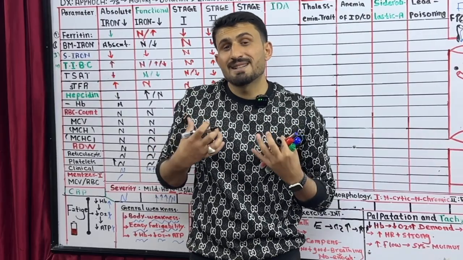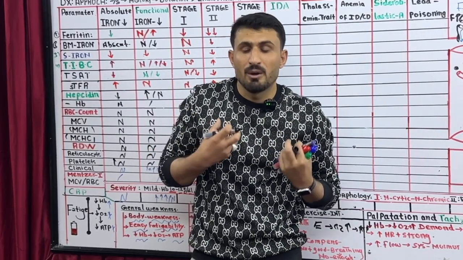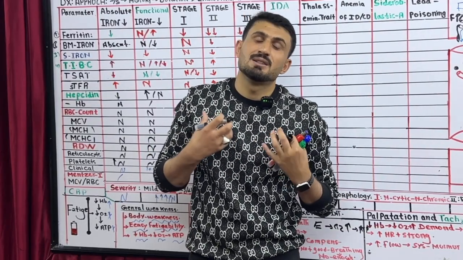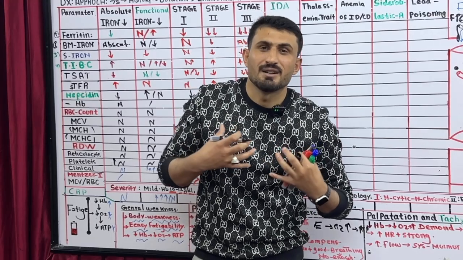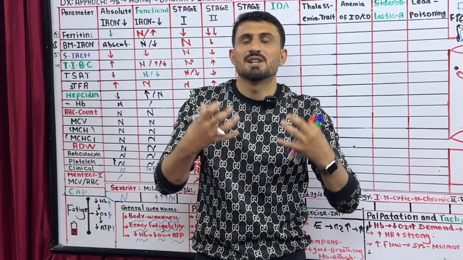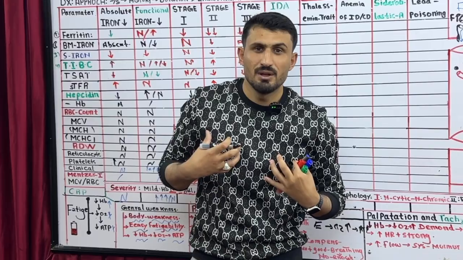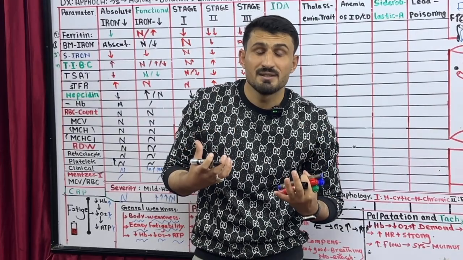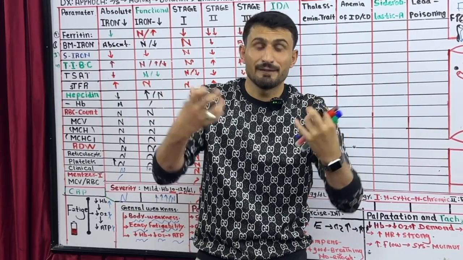Due to this increase of respiratory rate, patient develops shortness of breath. There is not enough air to enter, and the patient feels that the air is not enough for me.